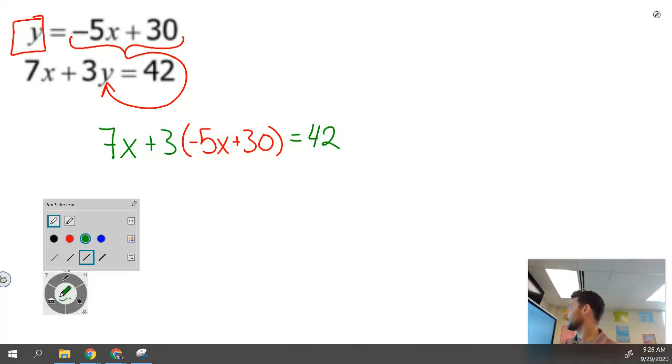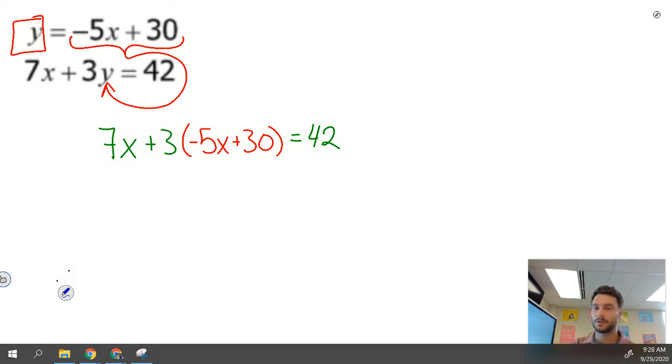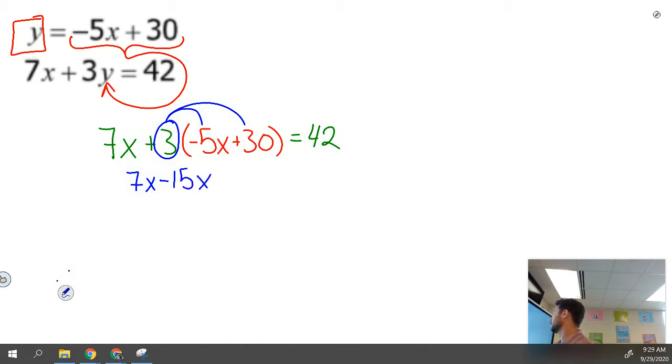Cool. So now we need to distribute and solve these. Remember, to solve, we distribute, we combine like terms, we get the variables to the same side, which they should be already, and then we solve a two-step. So we'll distribute this 3 in. 7x minus 15x plus 90 equals 42.